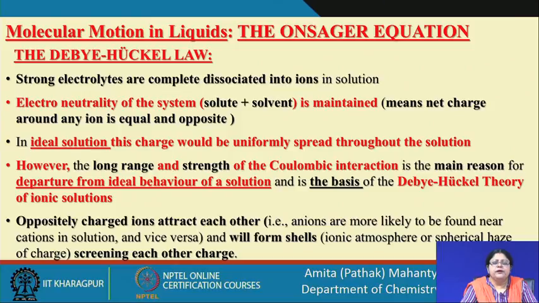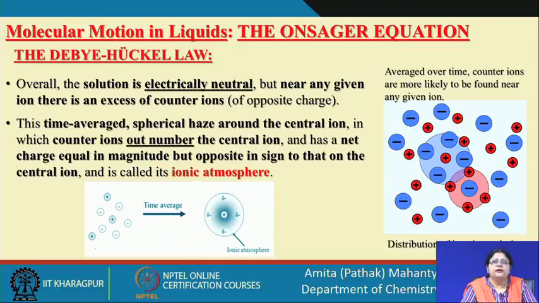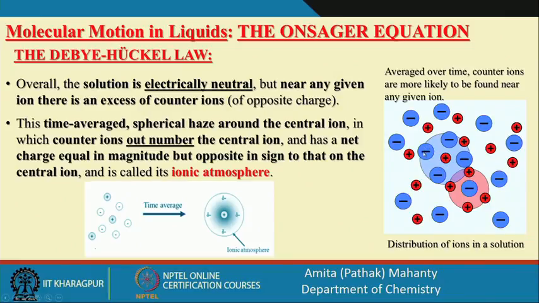Okay. So, this haze, which is supposed to be symmetric around a central charge, actually screens the charge of the central ion. So, what are we looking into? We are looking into something like this, where this is the distribution of ions in solution, and you see the positive charges are majorly surrounded by the negative charges.